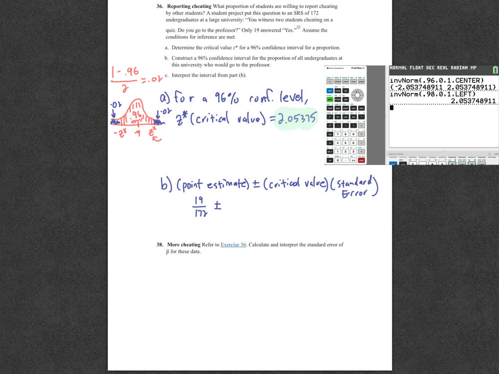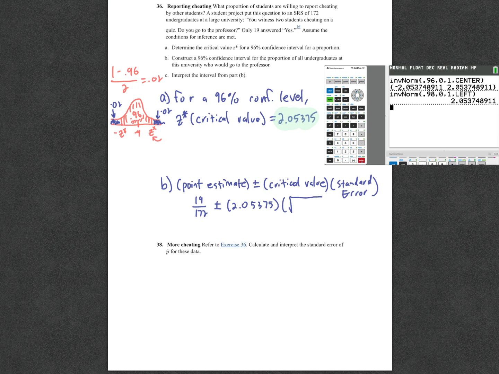The critical value is what we just got, which would be 2.0535. Now we just have to get our standard error, and that's our standard deviation equation, but using p hat instead of p.